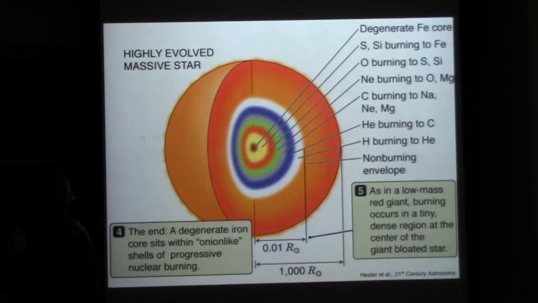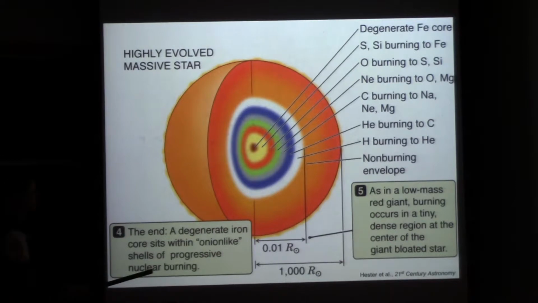Eventually, we evolve this onion-like structure, they always like to say, although an onion isn't really spherical like this. But if you cut through an onion perpendicular to the axis that has the root coming out one end, you see what looks like rings, right? And so this is kind of like that, only it's a spherical version of that.